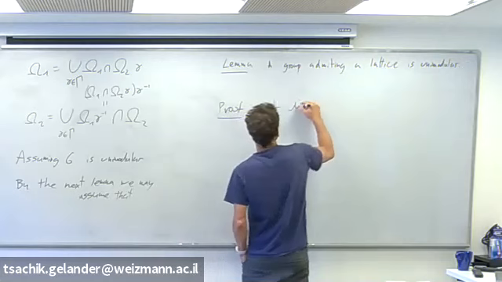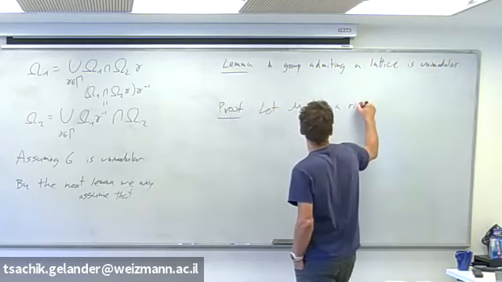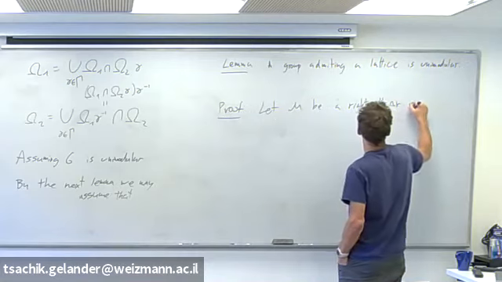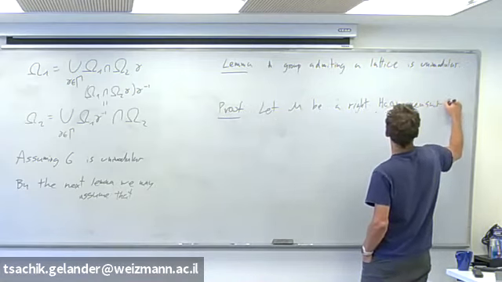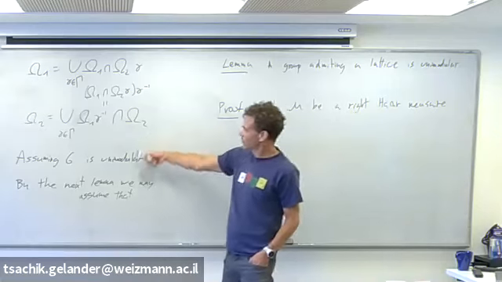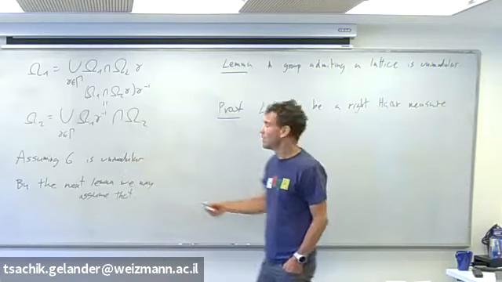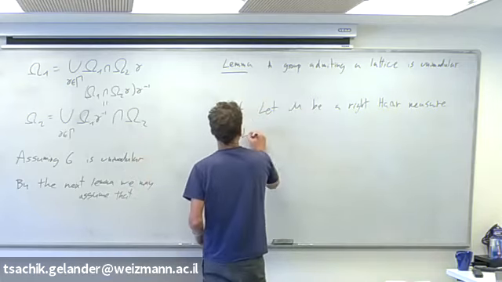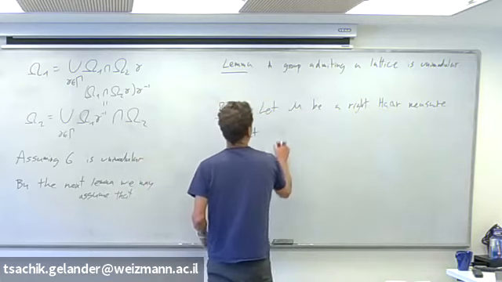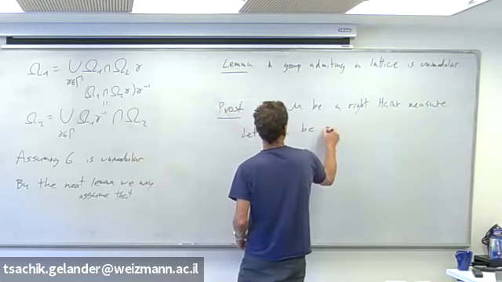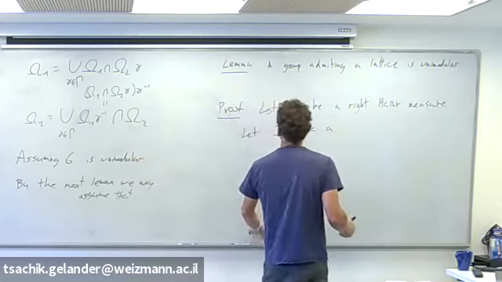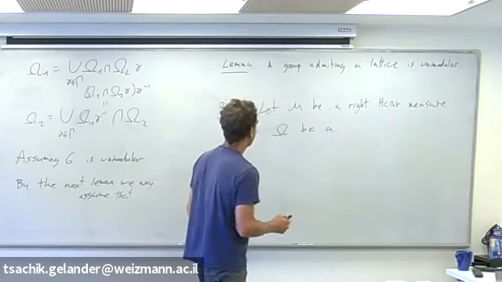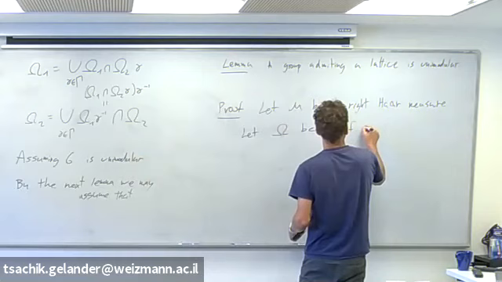Let mu be a right Haar measure, like we use here for that proof, and let Omega be a fundamental domain.